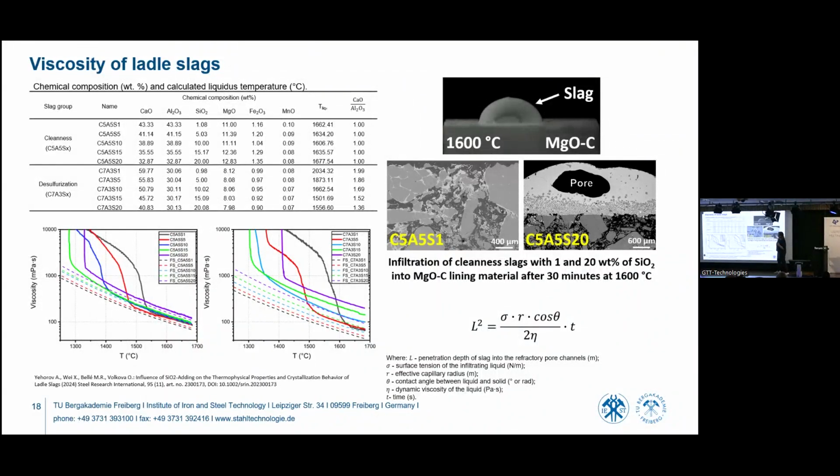So we had two slags, one slag with 1% of silicon oxide and the next one with 20% of silicon oxide. With silicon oxide, viscosity of ladle slag increases, and we checked it with experiment. So you see with 1% of silicon, our slag is in the refractory. And with 20% of silicon, our slag is on the surface of the refractory.